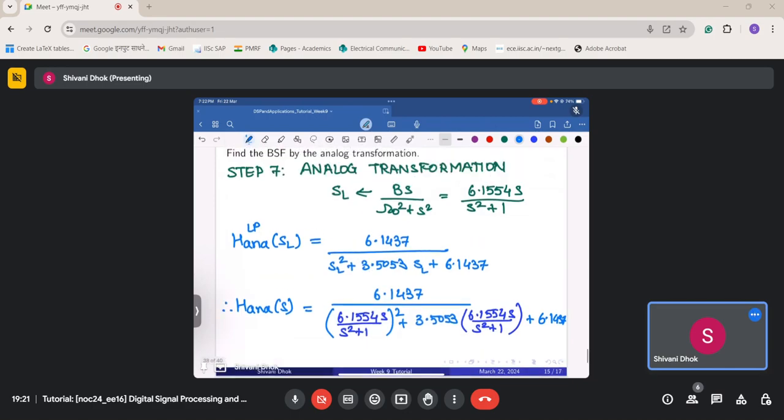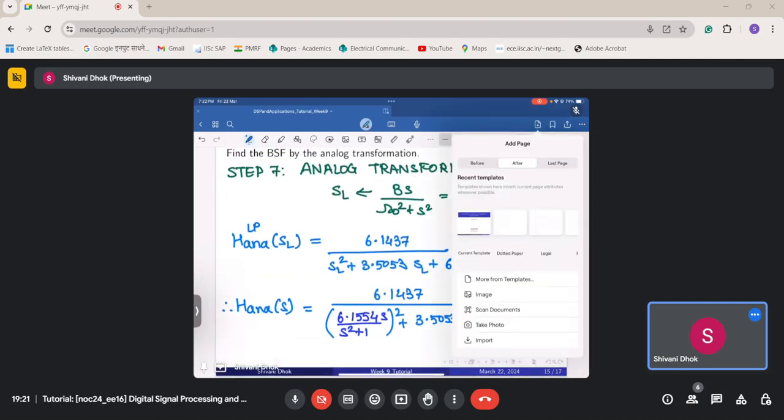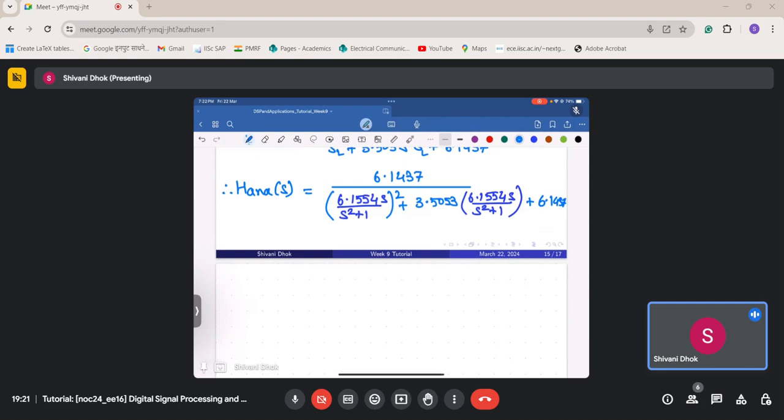So now this thing here I can write as 6.1437 into S square plus 1 whole square divided by 6.1437.